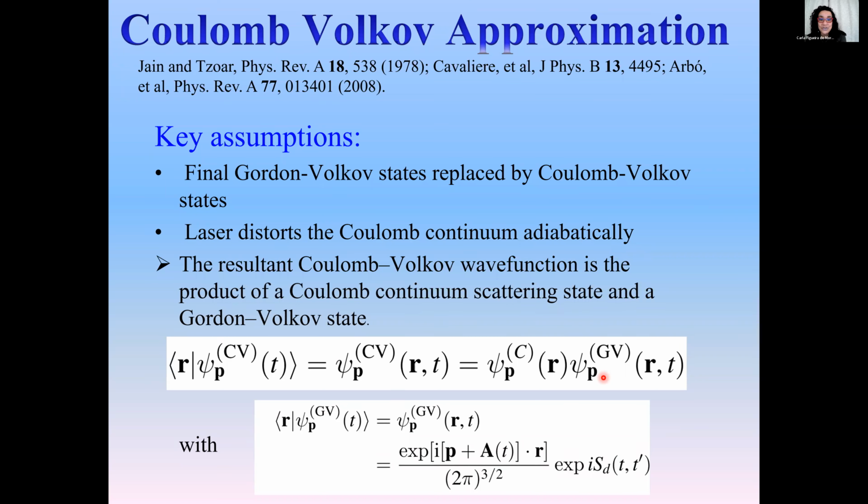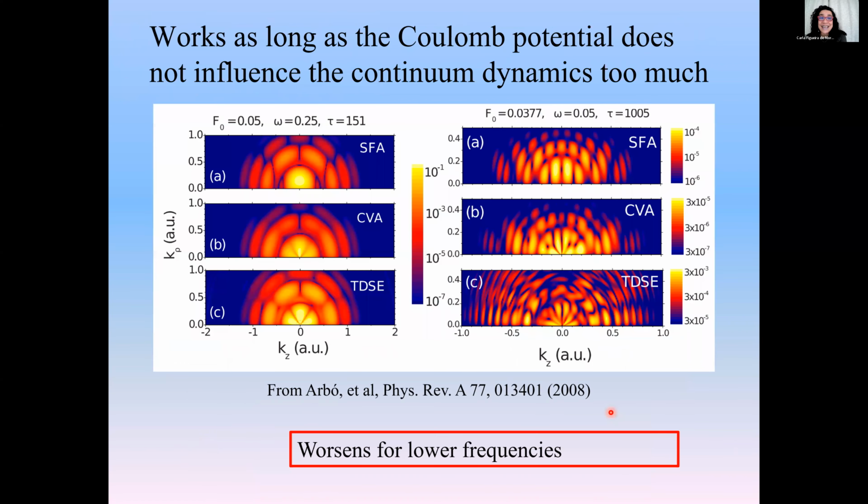So you are going to use a wave function which is associated with this state, the Coulomb Volkov state, and you have some kind of Coulomb factors that you put in the Gordon Volkov wave function to incorporate this distortion. And this kind of works if the Coulomb potential is not influencing the continuum dynamics too much.